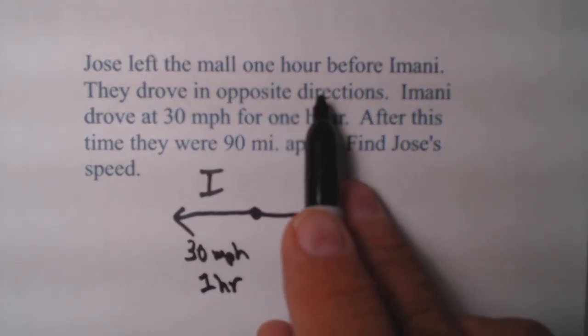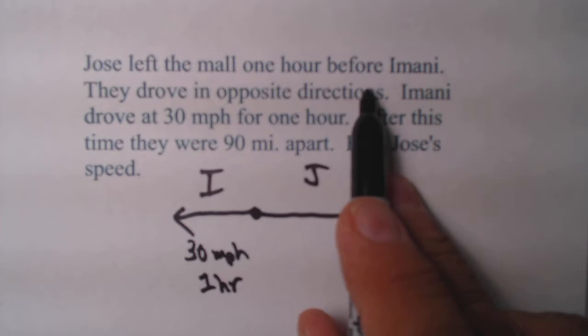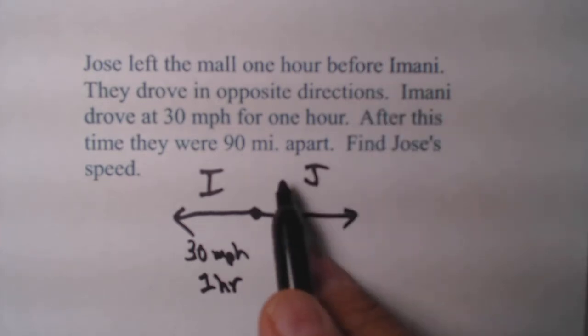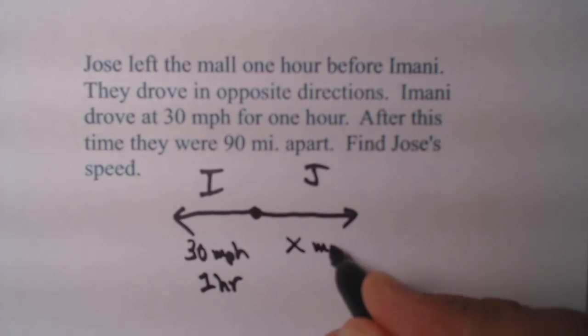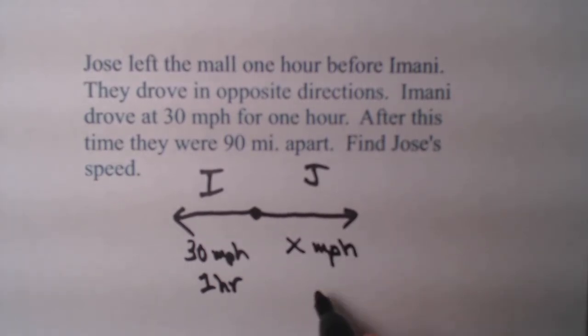Jose left the mall 1 hour before her, and we want to find his speed. So we'll say he is X miles per hour. And since he left 1 hour before, his total time is 2 hours.